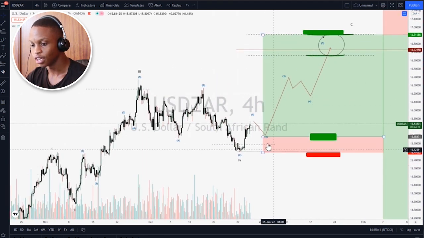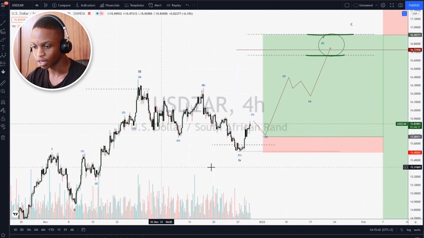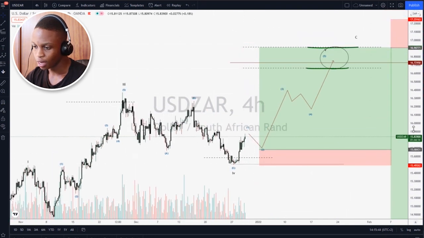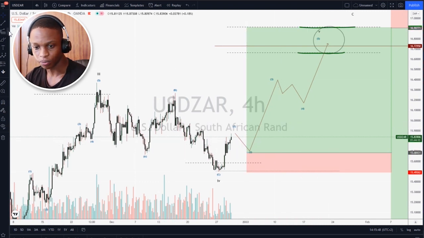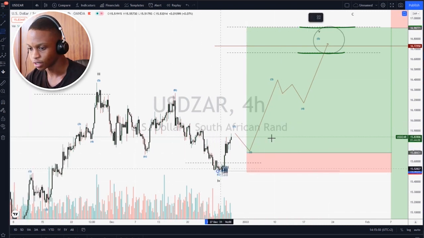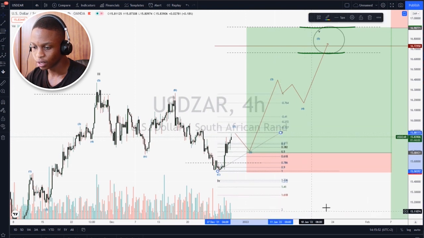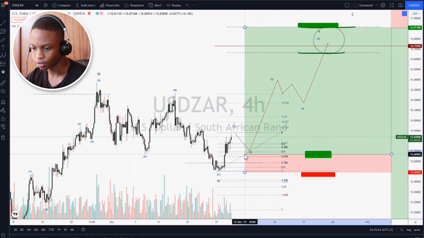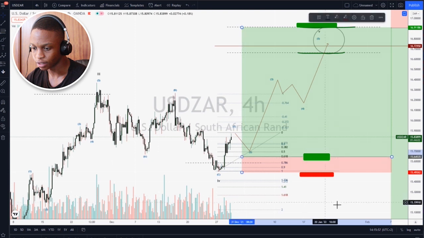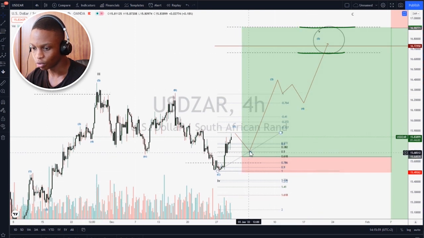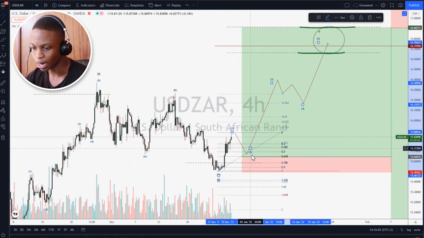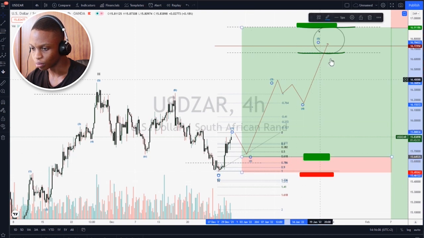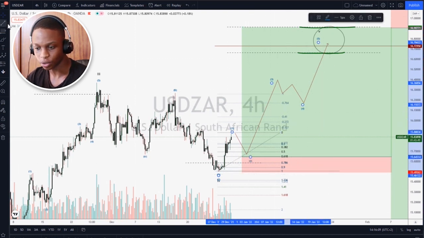So in this case, what we can have is, when this is over, I can identify the 50% and 61.8% levels. If I want to trade this small buy, this short-term buy, where would be the best place to enter? I would identify that as the 61.8% for wave 2 or the 50% for wave 2.